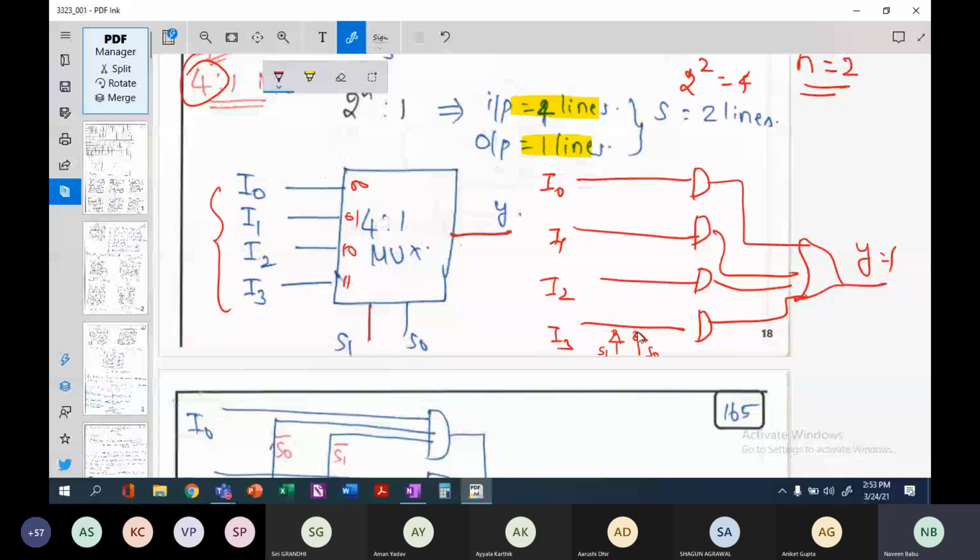So for 0, 0 this will be S1 bar and S0 bar. What is 0, 1? 0 corresponds to this one and 1 corresponds to this line, right?